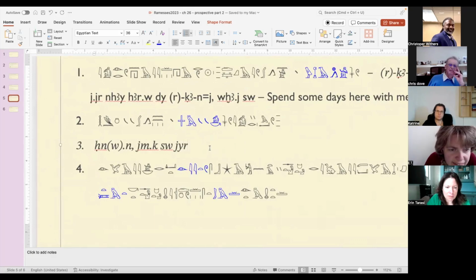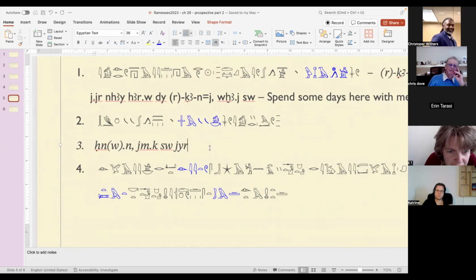Okay. The whole thing is written in group writing. So it's actually a simple preposition. It's nothing complicated. I think you've seen this one before.